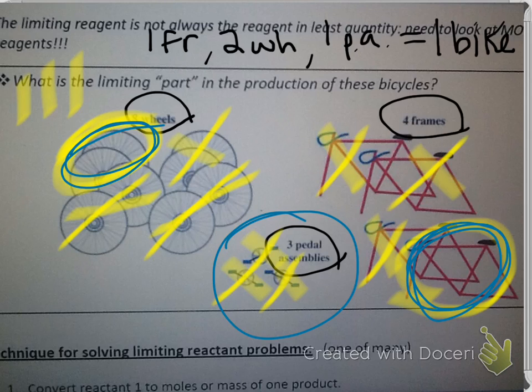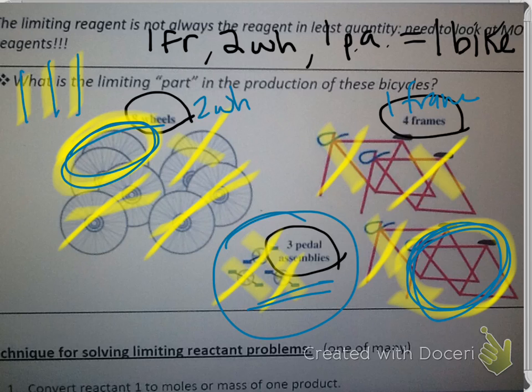Because we ran out, at the end of our production line, we ended up with 3 bikes, but we also ended up with 2 wheels and 1 frame. The limiting part, or the limiting reagent, as what we're looking at, would be the pedal assembly. We didn't have enough of those to make a 4th bike. It was the limiting part. Once all of that part was gone, that's as much of the product, the bike, we could make.